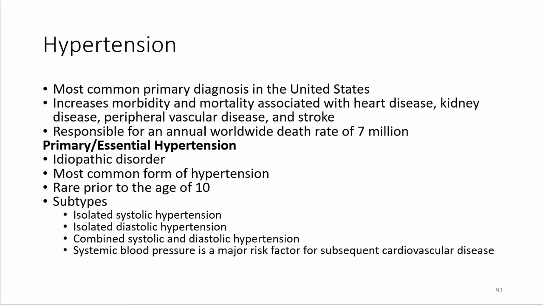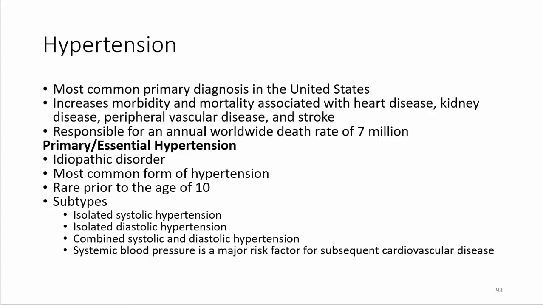This is the United States because our books tend to be American, but it's just as high in Canada and Europe, etc. The sequelae of primary hypertension is increased morbidity and mortality because of heart disease, kidney disease, peripheral vascular disease, strokes.